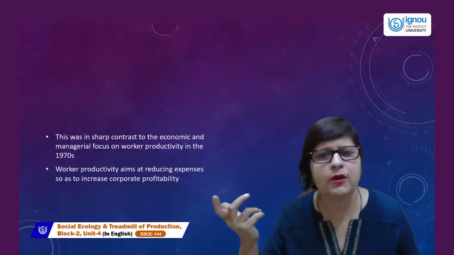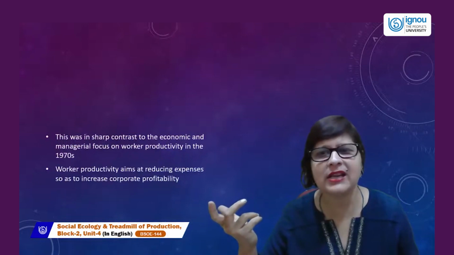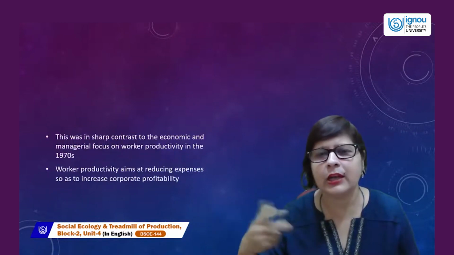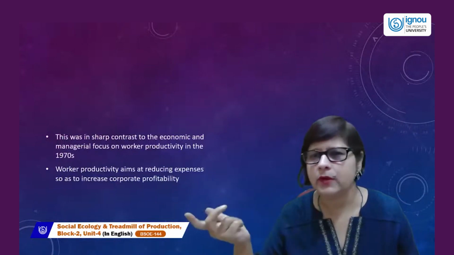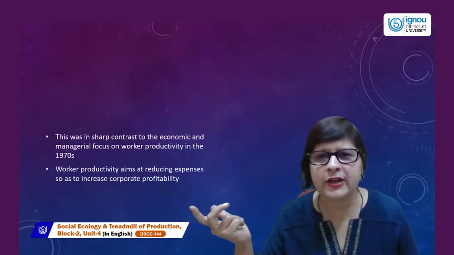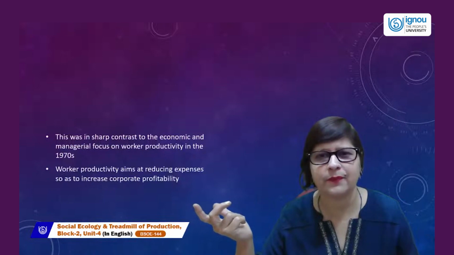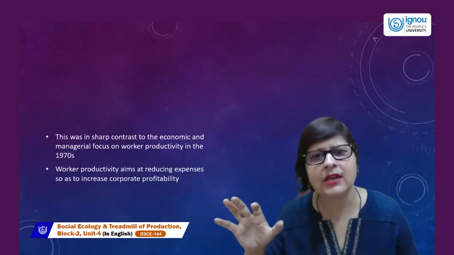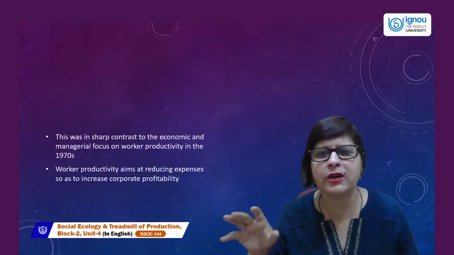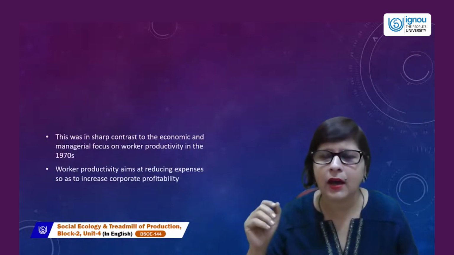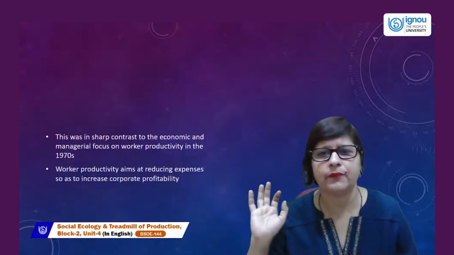And as we all know, reduction of expenses comes at the cost of the worker. It is very easy to lay off the workers in the name of reducing expenses, right? So in any case, only the workers suffer, be it worker productivity or capital productivity.